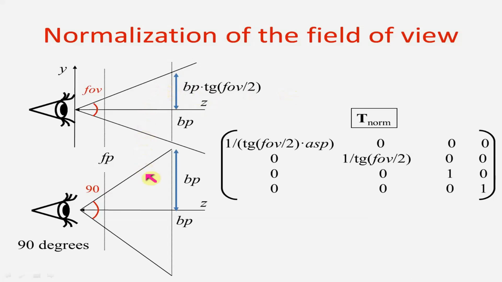And after transformation, we expect it to be equal to bp. So the y coordinate must be divided by the tangent of half of the field of view angle. The scaling of the x coordinate is similar, just the aspect ratio should also be considered.